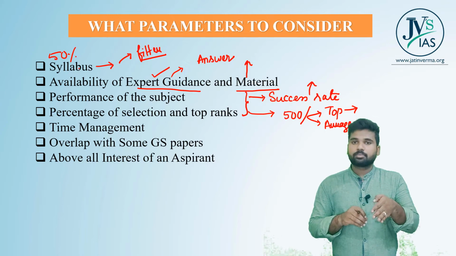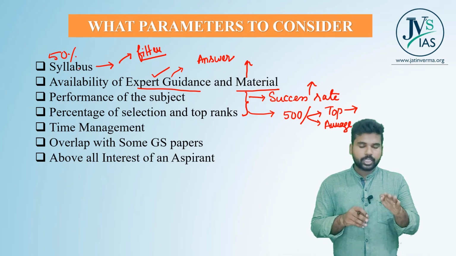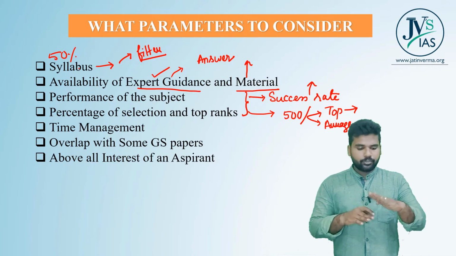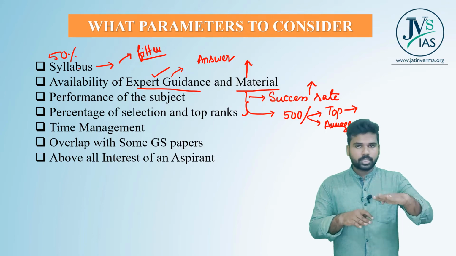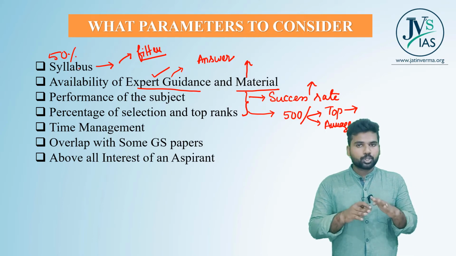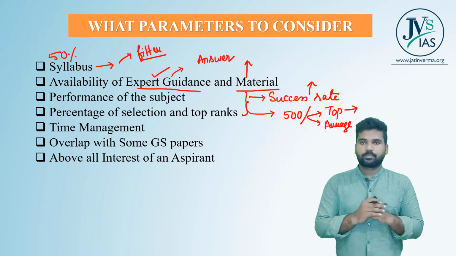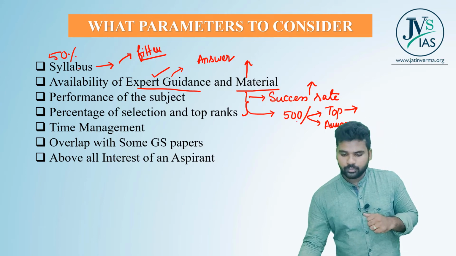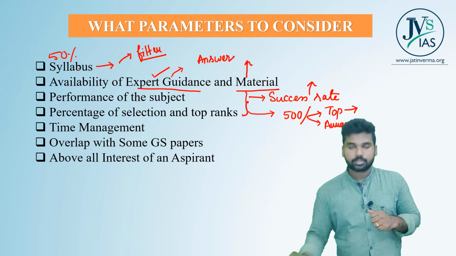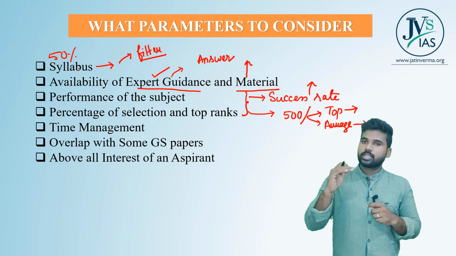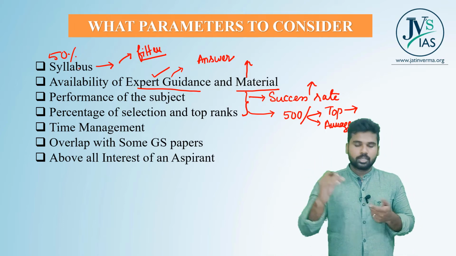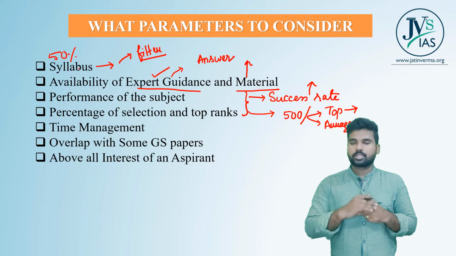And the average marks will give you the assurance that even if you perform just above average, you are assured to get this much of marks. So these two are good factors that you have to consider: what is the top marks, and what are the average marks in the subject.